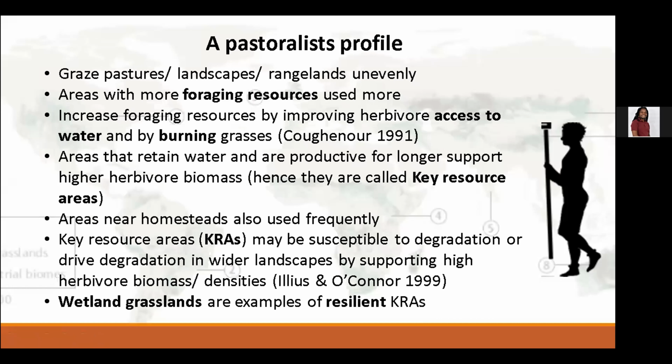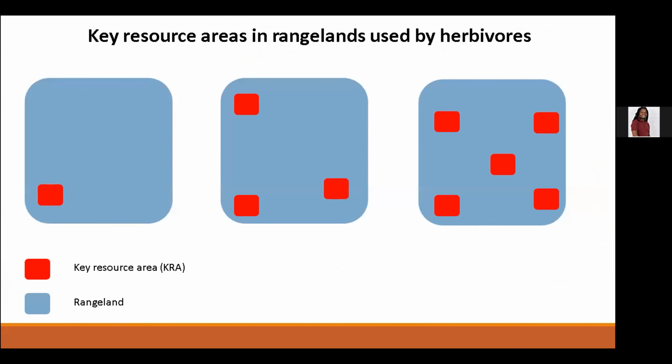And wetland grasslands, which you find in sedimentary environments, are examples of these key resource areas. And there's literature that suggests that these wetland grasslands are quite resilient. So these are hypothetical landscapes, basically with key resource areas. Some landscapes have fewer key resource areas than others.